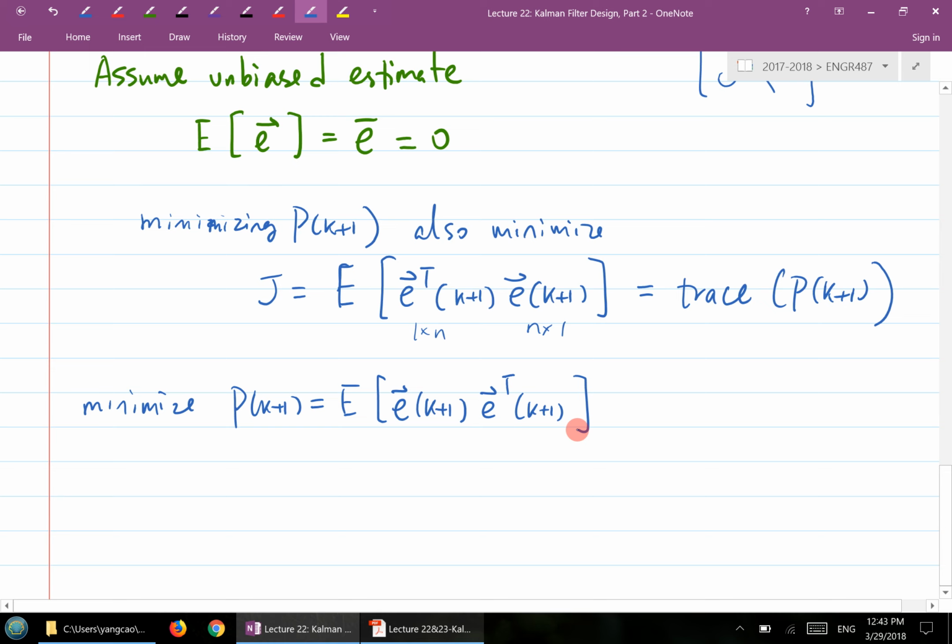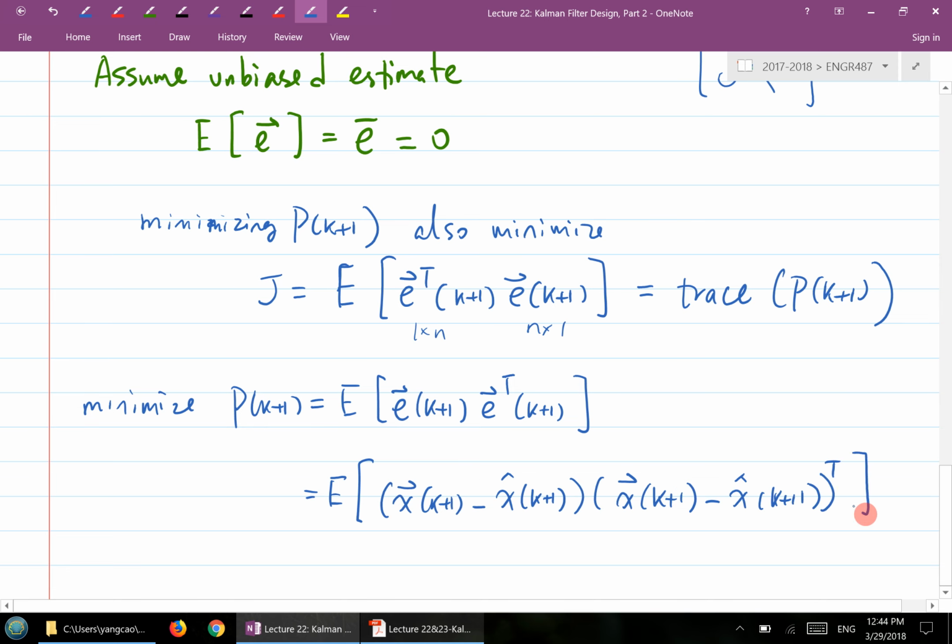Let's write down the complete expression: x k plus 1 minus x hat k plus 1, times x k plus 1 minus x hat k plus 1 transpose. That's how you define your estimation errors.